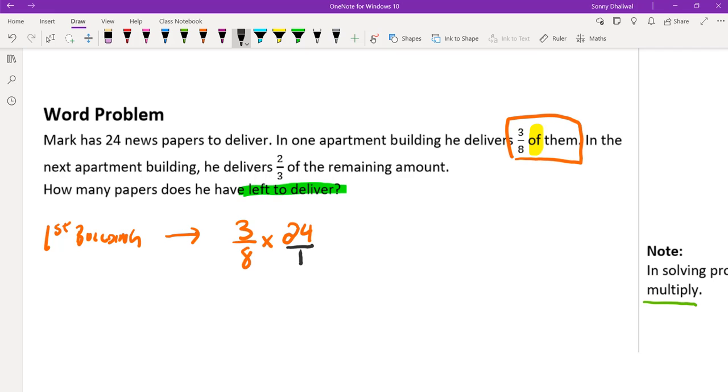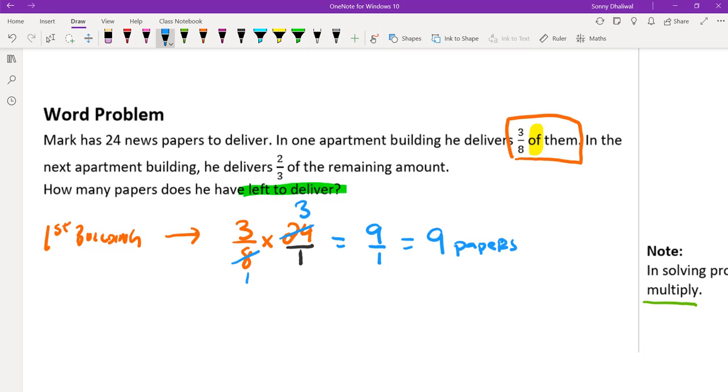Sadie? 8 can go into 24. 8 goes into itself once, and it goes into 24 3 times. So we're left with 3 times 3 on the top, and 1 times 1 on the bottom. We have 9 over 1, which is just 9. So in the first building, he delivers 9 papers.